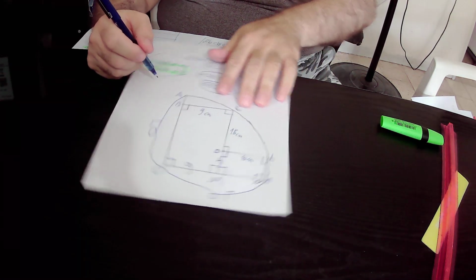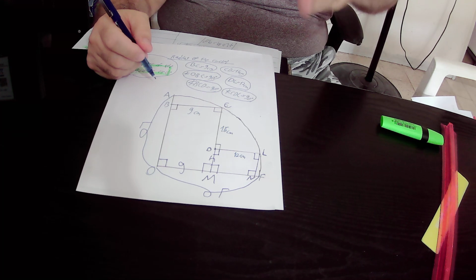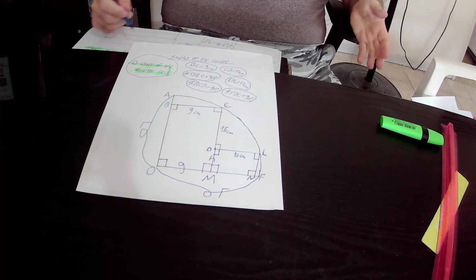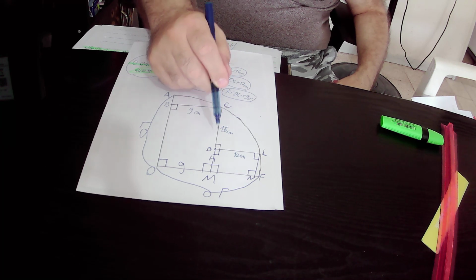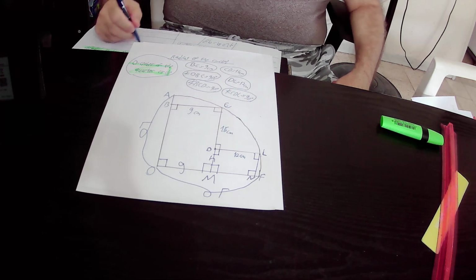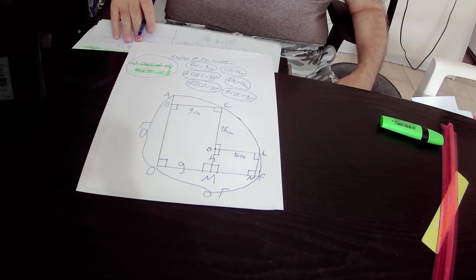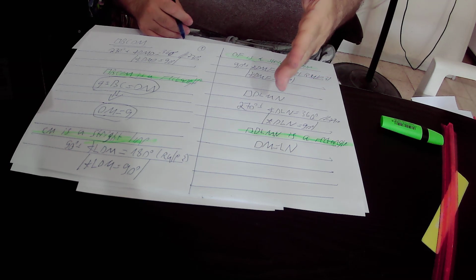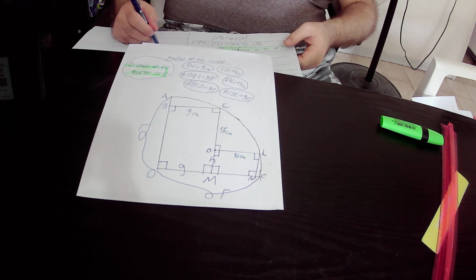In rectangle DLMN, side DM must be equal to side LN according to the rule that the opposite sides of a rectangle are equal to each other.